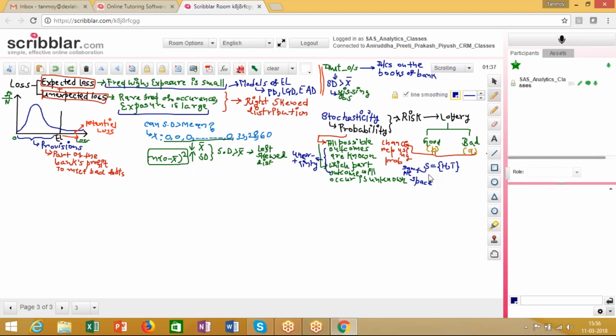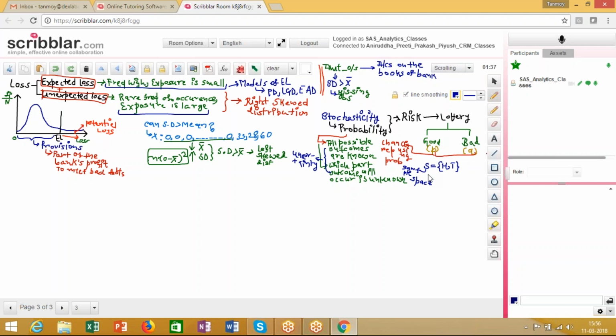Now, what if I toss a coin and the coin goes up? When the coin is up in the air, I don't know whether the coin will come down as a head or as a tail. So both the outcomes are random in nature.